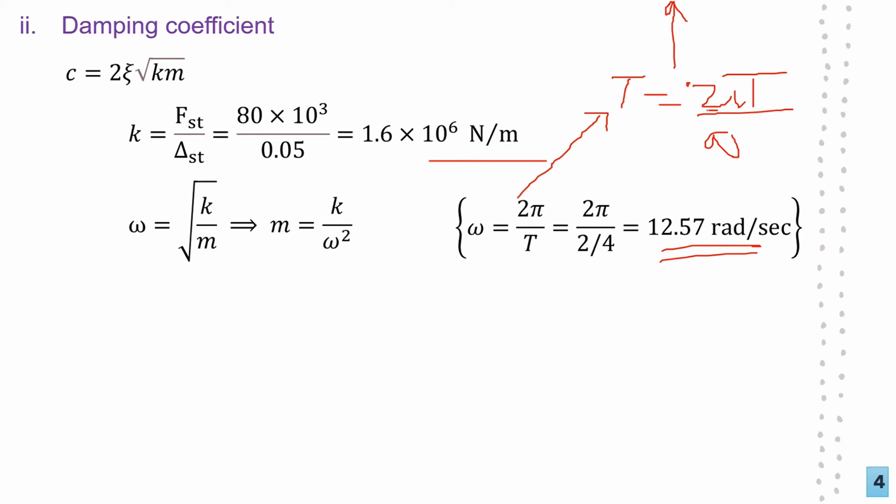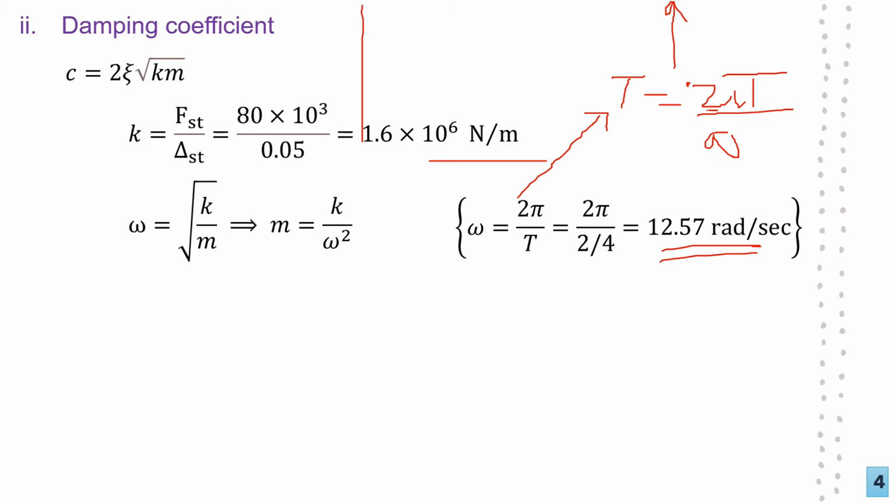Remember, where did we get the period as 2 over 4? If you look at that question very quickly, you should realize that we are given that at the end of 4 cycles, the time is 2 seconds.